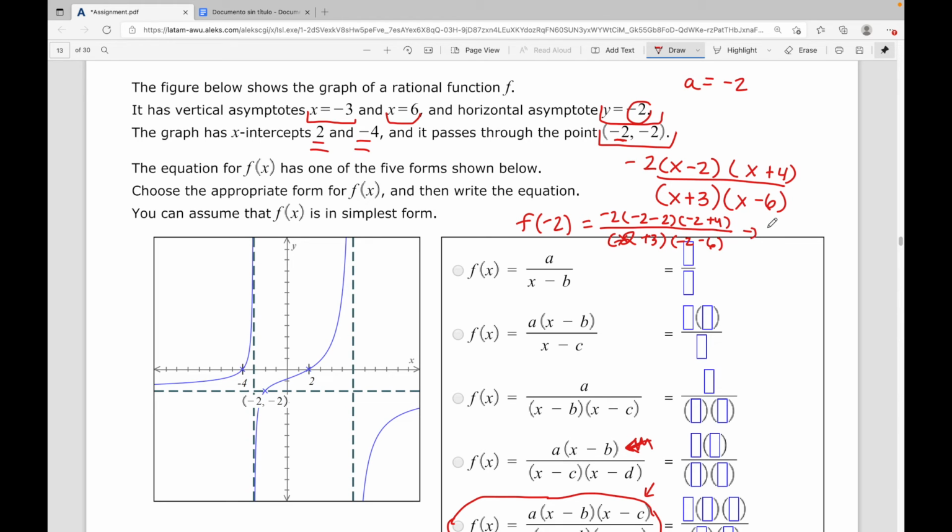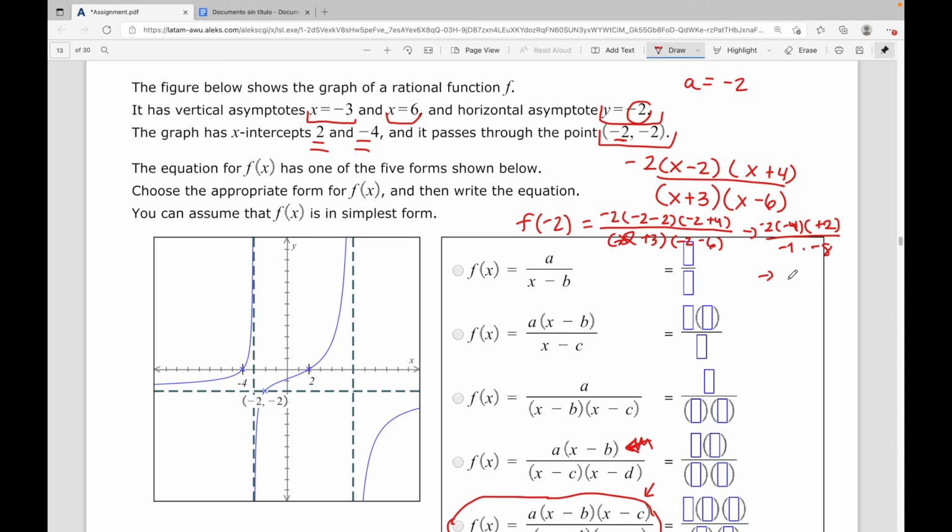So this translates to negative 2 times negative 4 times positive 2, divided by negative 1 times negative 8.